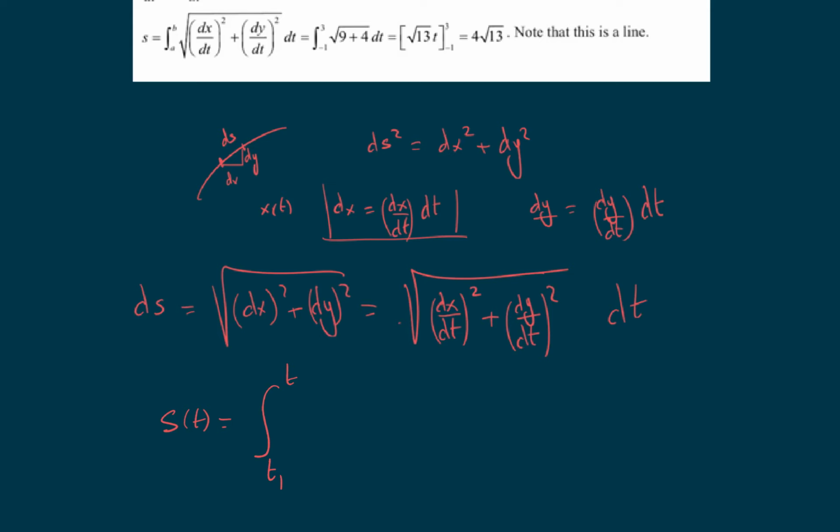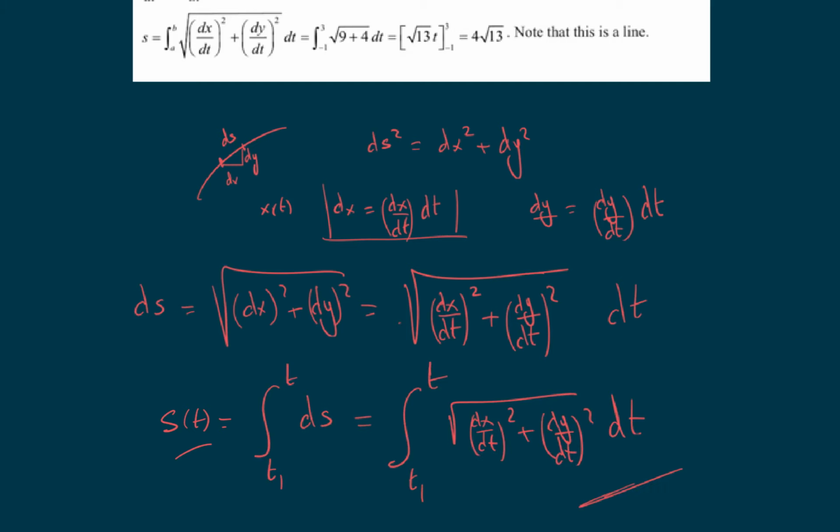Of course, if you put the final interval a fixed value t2, it will not depend on t, but if you do it until t, it will depend on t. Of what? Of ds. So the equation that we will use is the integral from t1 to t of the square root of the derivative of x with respect to t squared plus the derivative of y with respect to t squared, by dt. This integral will give you the arc length in parametric equations.